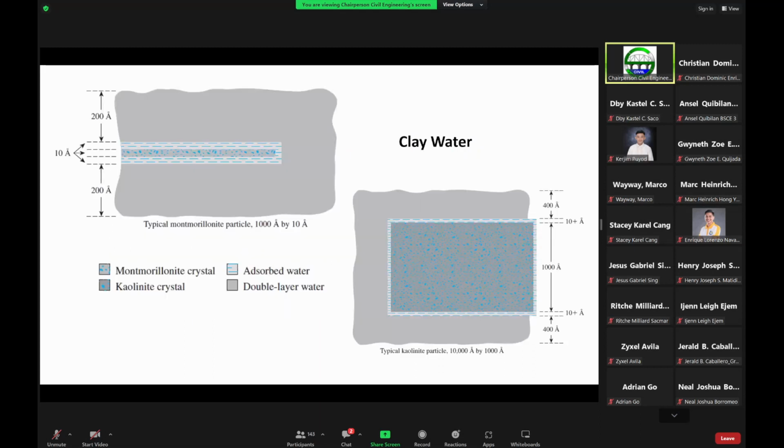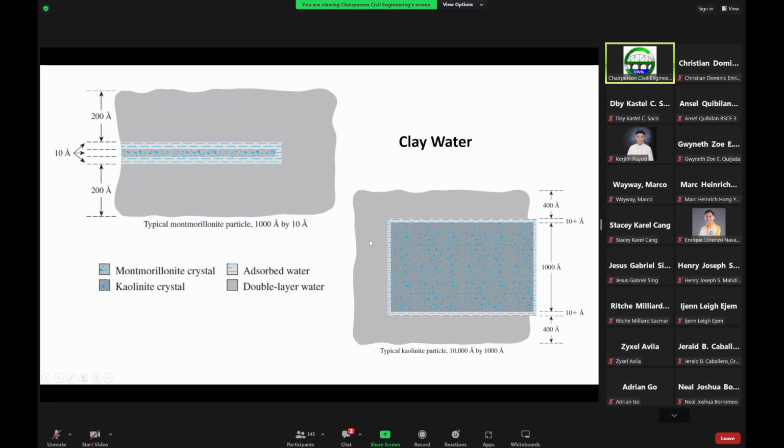This is just an illustration of that water. Here is a typical montmorillonite particle, wherein the gray color is the double layer water. On the surface of the montmorillonite crystals you have the adsorbed water, and then it's surrounded by the double layer water.